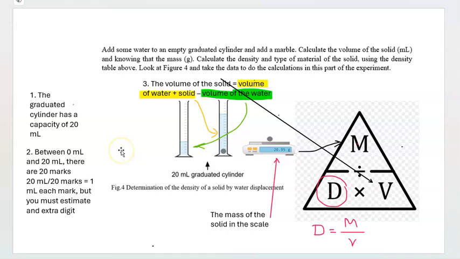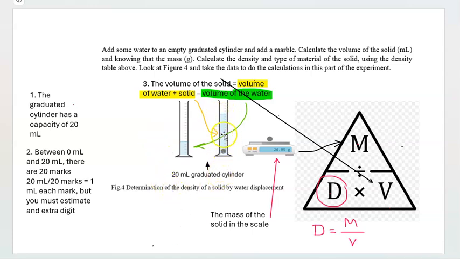But in this case you have to estimate an extra digit. So as it is sharp here, you are going to say that the volume is, for example, 5.0. Maybe somebody will say 5.1, anything, but the difference is in the tenth.